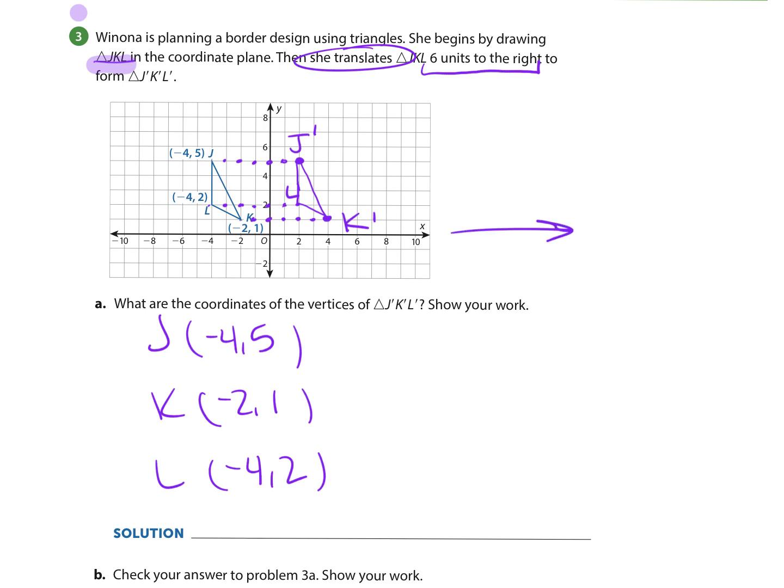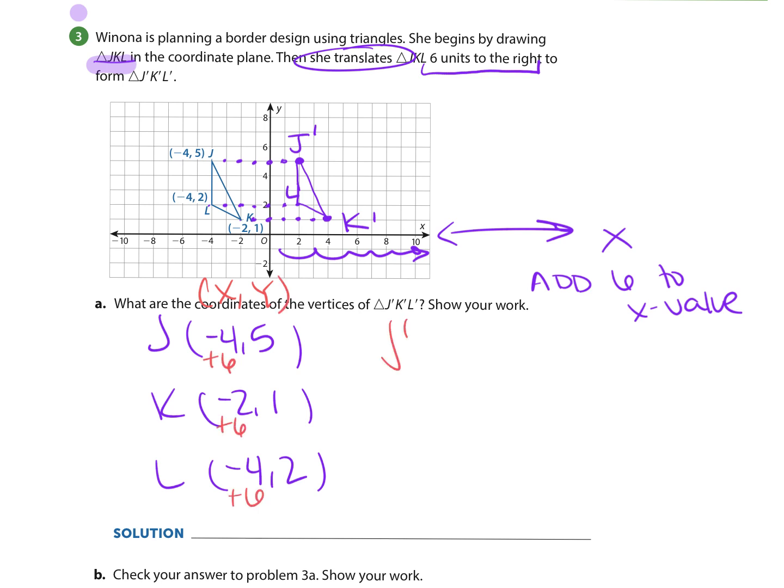Again, right to left is the x-axis. And if we move to the right, we're getting bigger. So we are going to add 6 to our x value. And remember, it is always x comma y. So we're going to add 6, add 6, add 6, and then we're going to get our new coordinates.